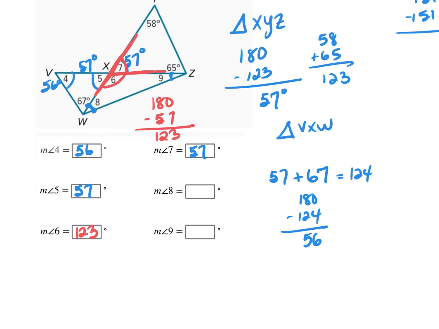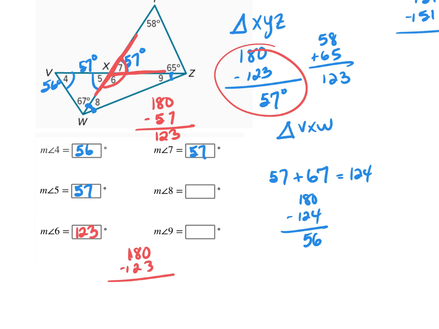So any ideas on how you might be able to solve that? Again, we're working with a total of 180 degrees. So the first thing I want to do is subtract 123, which I did up here.